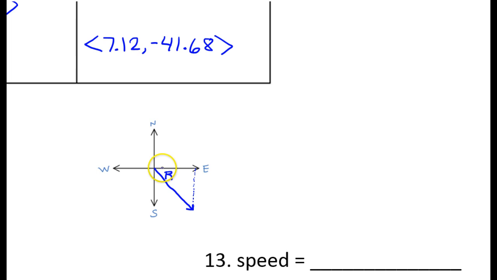Considering that we drew this triangle by going right 7.12, so this side is 7.12, and down 41.68, so this side is negative 41.68, but I'm really going to ignore the negative sign because I just want the positive value of this reference angle.